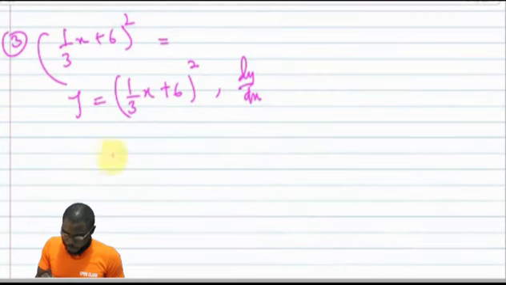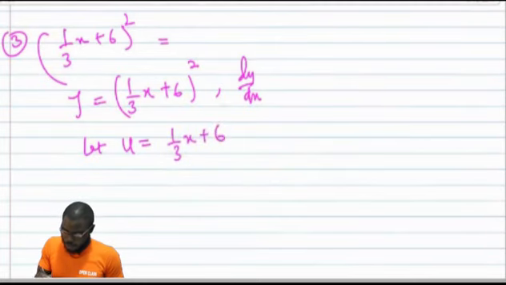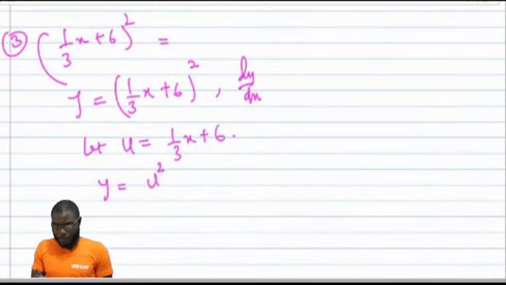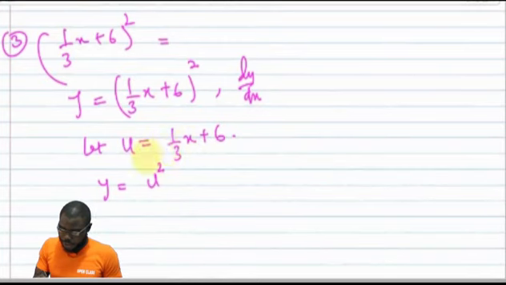If I'm using function of a function, which says if y equals this, then I let u be equal to 1 over 3x plus 6. Therefore y is equal to u squared. Now I'm going to differentiate u with respect to x.